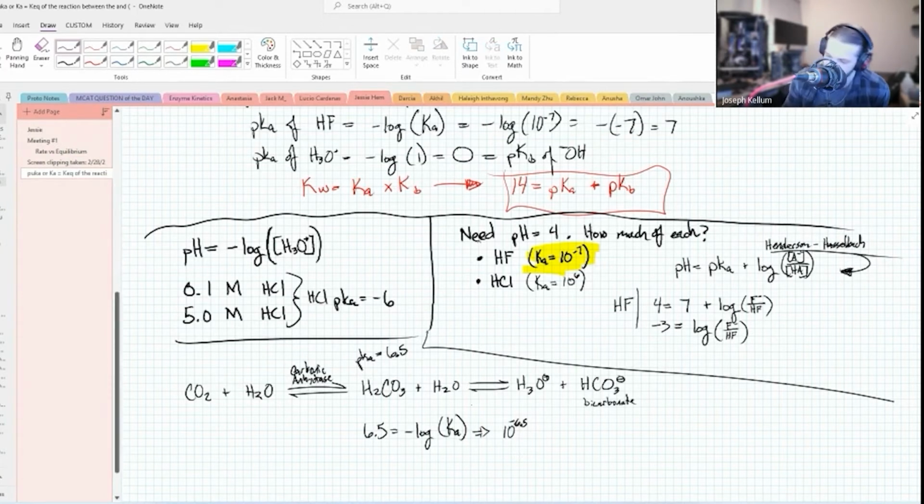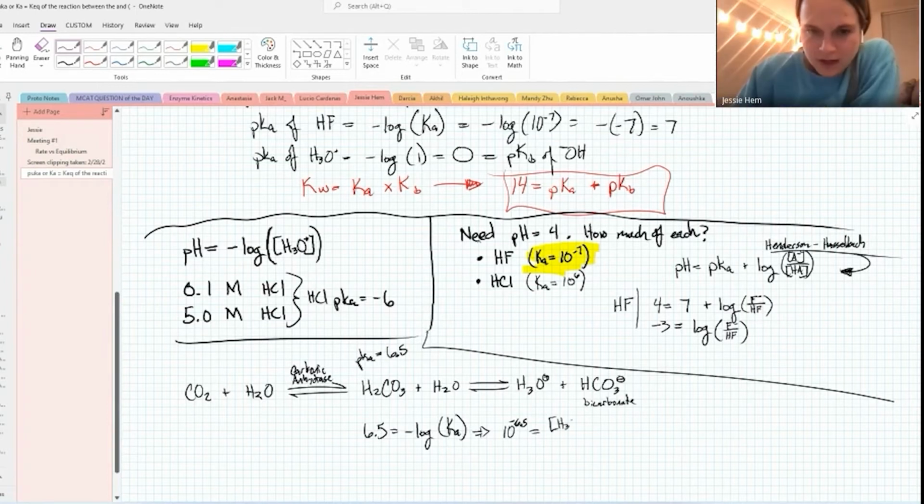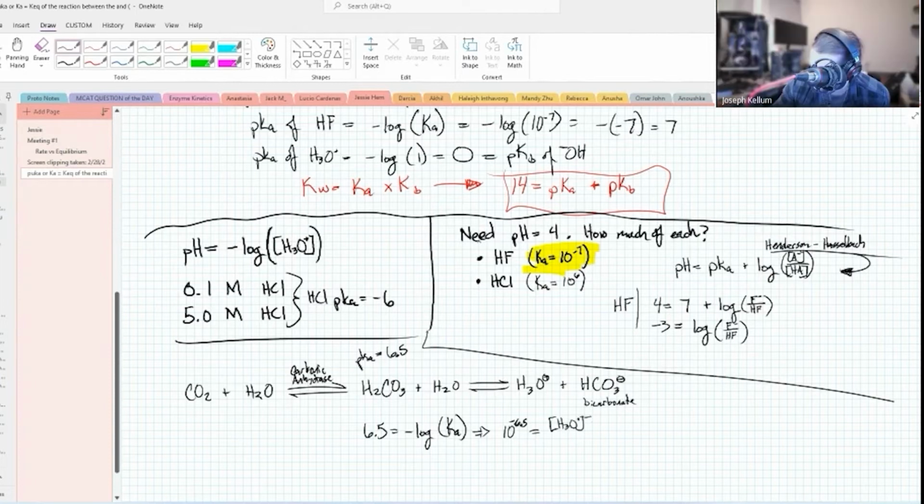And so that 10 to the minus 6.5 is equal to the concentration of hydronium times the concentration of your conjugate base divided by the concentration of the acid.